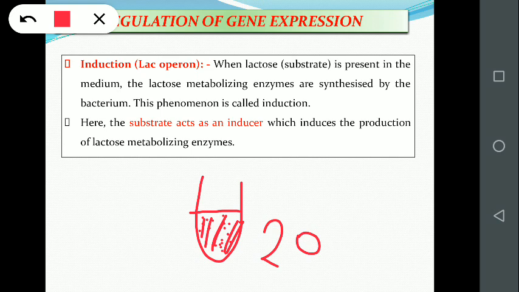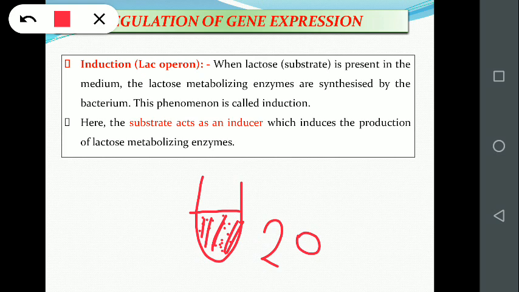So if, after depleting the lactose, we add glucose to that same medium, it will stop the synthesis of lactose genes and start synthesis of the genes which can metabolize glucose, because now glucose is present, not lactose. If only lactose is there, it uses the lactose. When glucose is there, it stops the lactose genes and switches on the genes responsible for glucose metabolism. So this is what induction is.